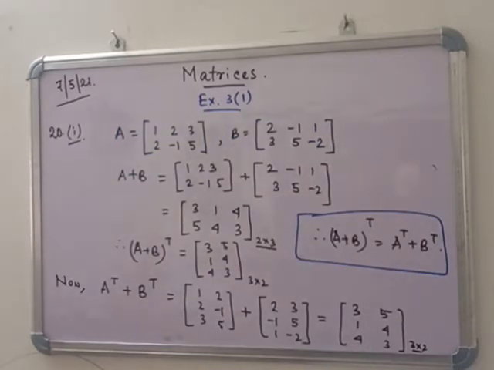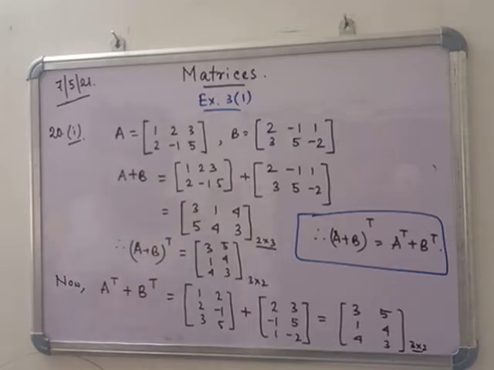Now see that in number 21, A equals 1, 2, 3, 2, minus 1, 5, and B equals 2, minus 1, 1, 3, 5, minus 2. So A plus B is normal addition. If we add, since the matrices are of equal order, you easily add it.